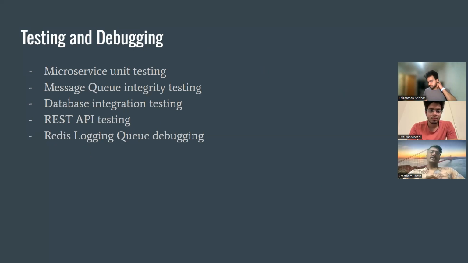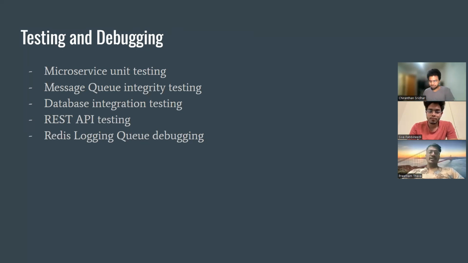So when we talk about testing and debugging, the various kinds of issues we came across start with microservice unit testing. We have a couple of components like the store DB, the station DB, and the request queues and the message queues. All of those needed to be tested separately since there were a few issues coming up with their deployment.